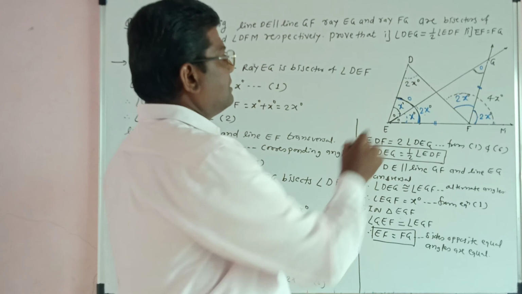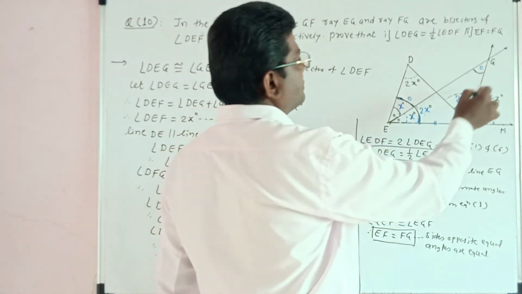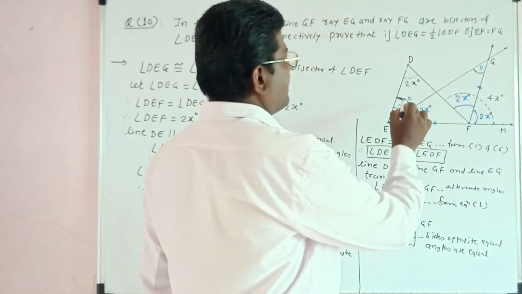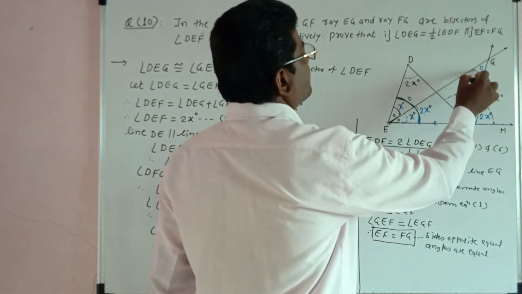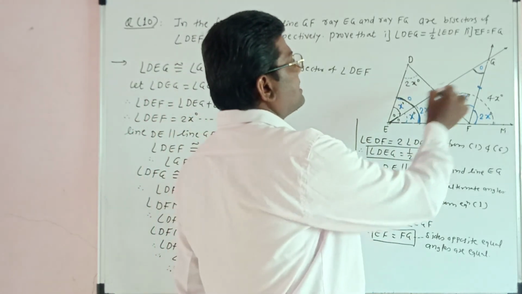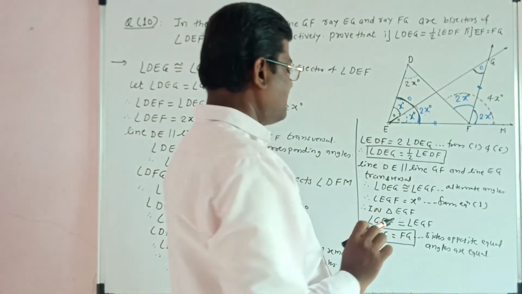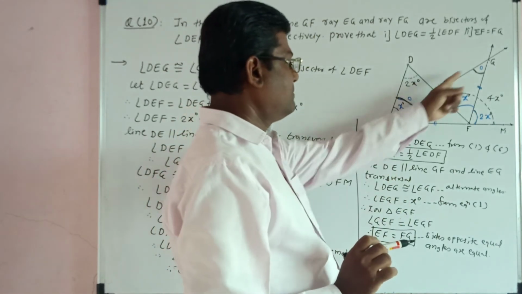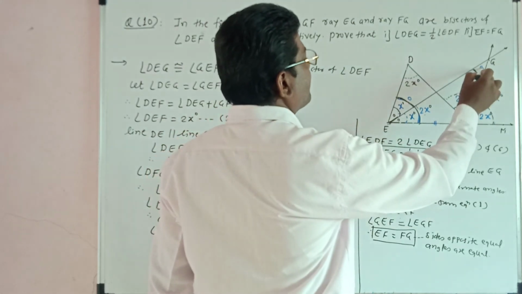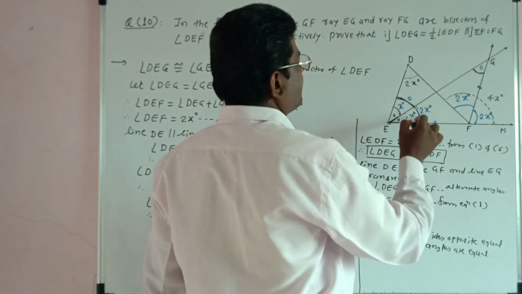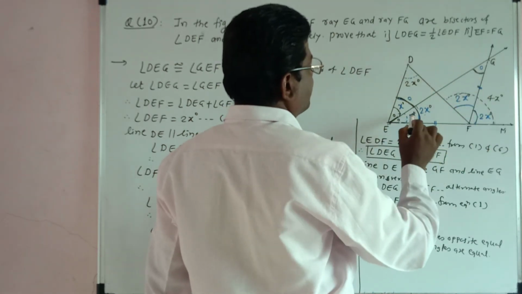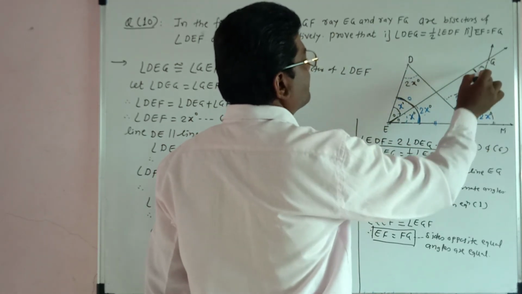Now, DE parallel to GF and EG transversal. Then, this angle and this angle are the alternate angles. This angle is x, therefore this angle is also x. Therefore, EGF is also x degree. Therefore, in triangle EGF, this angle and this angle are equal.